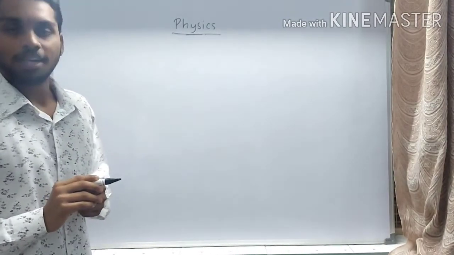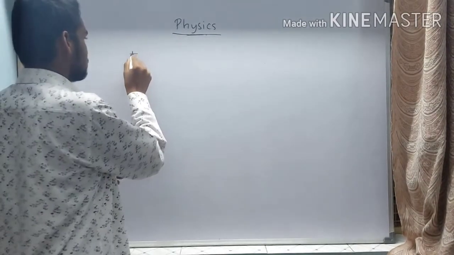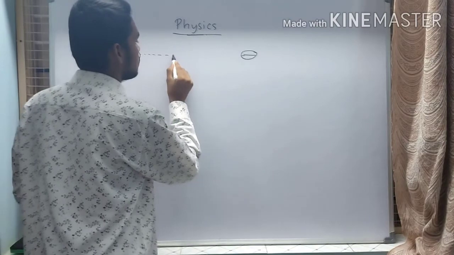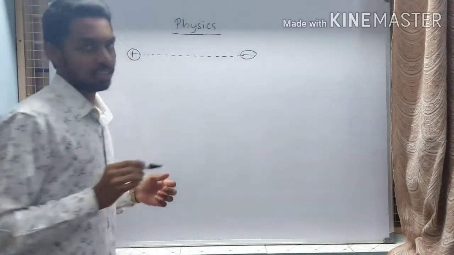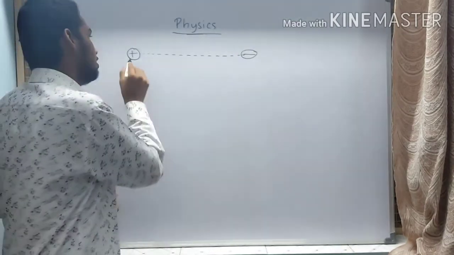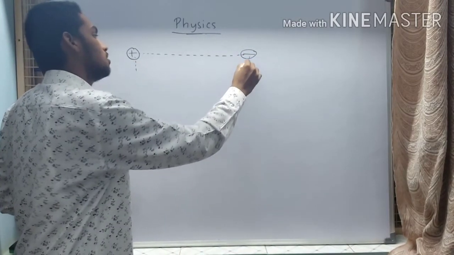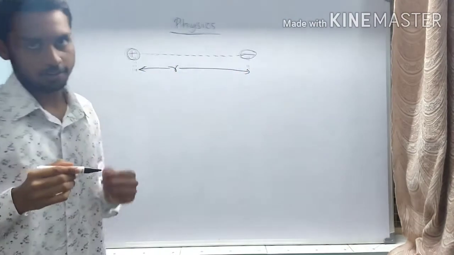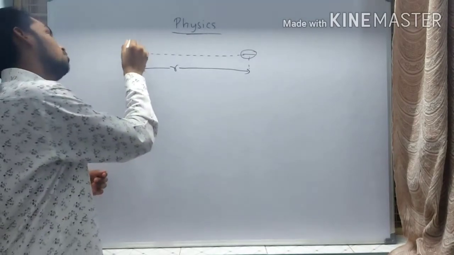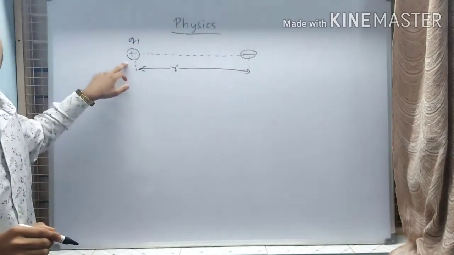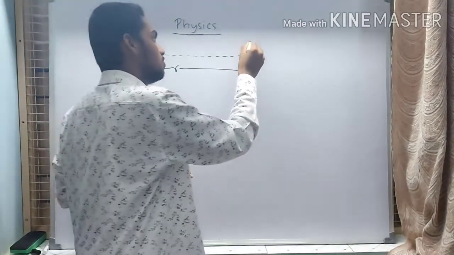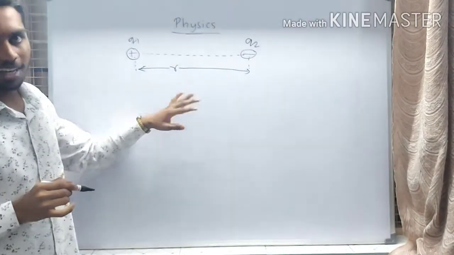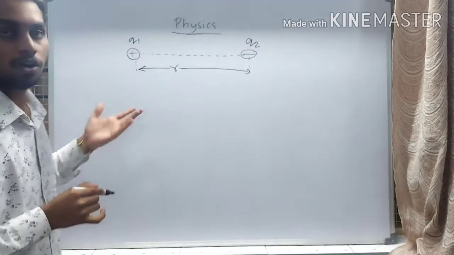So friends, let us consider two charges whose centers are joined by a single straight line and which are separated apart from each other by a distance of r. Let the magnitude of this charge be q1 and the magnitude of this charge be q2. This is the diagrammatic representation of Coulomb's law.